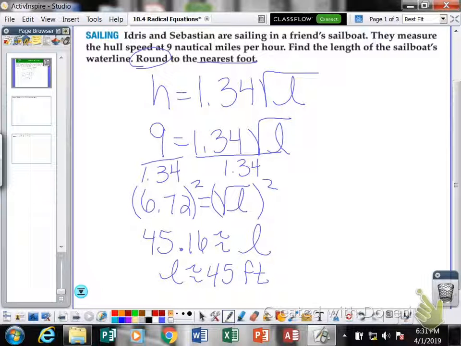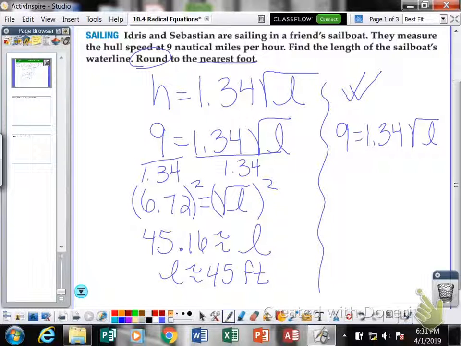And then we can do a quick check here. A quick check would say, okay, 9 equals 1.34 root L. We just said L was about 45. So 9 equals 1.34 root 45.